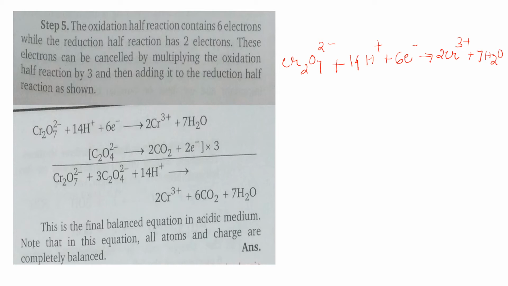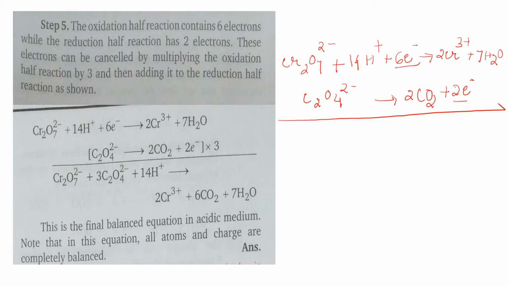And my oxidation half reaction is C2O4 2- giving 2CO2 plus 2 electrons. Now you have to add these two reactions. You can see that in the first reaction there are 6 electrons and in the second reaction there are 2 electrons. So we have to equalize the electrons. How? Multiply this equation by 3.